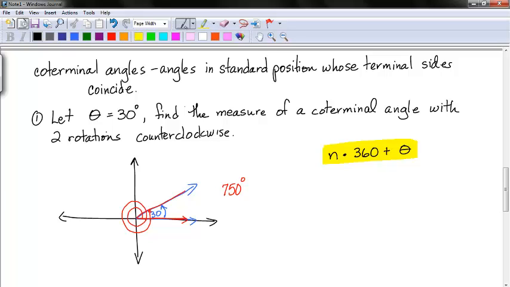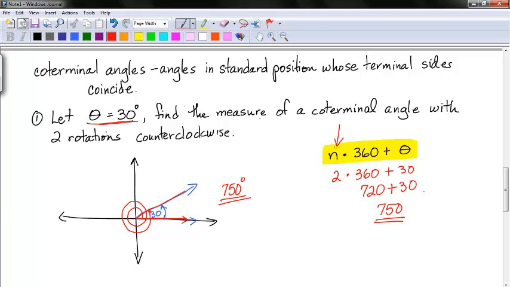So on this one, we sub in two rotations times 360 degrees, plus our theta, given to us, 30 degrees. Order of operations, 720 plus 30, 750. You should get the same answer whether you do it by picture or by formula. If you go clockwise, then this n becomes negative.